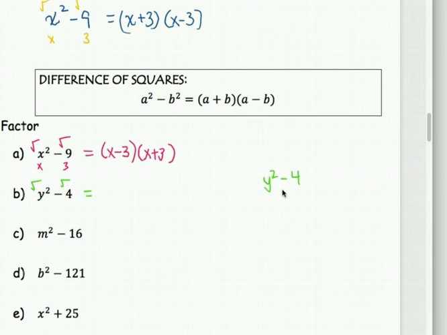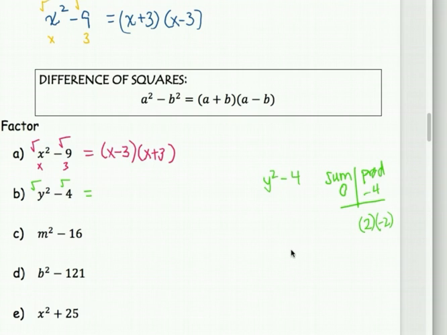So when you did the product sum, you write sum of the middle one's missing, but the product is -4. Okay, and then from there we figured out, oh, whenever the sum was 0, we knew that all we had to do was square root this one, so we needed 2, and we always needed the opposite signs. Okay, so that's what we did before.